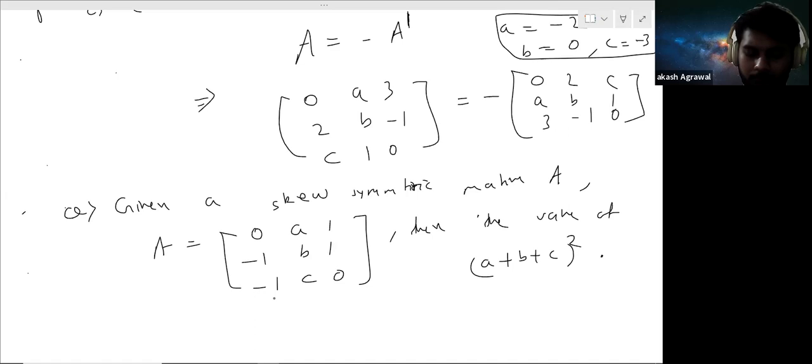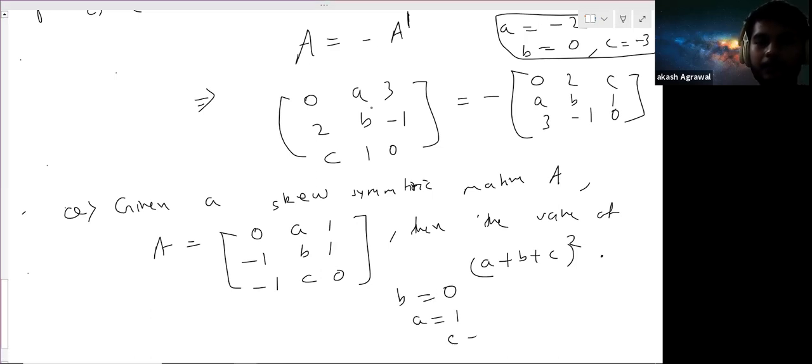Yes, it is skew symmetric. So b is 0, a is 1, c is -1. So the answer is 0.